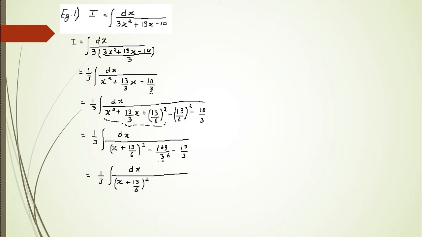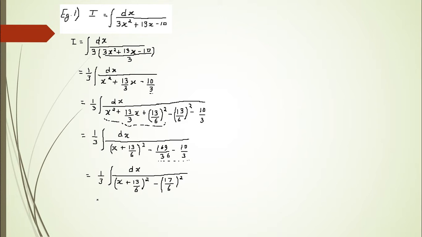Now the remaining portion, when I calculate, I'll get minus 17 by 6 whole square. Right? I have expressed this remaining portion as some k square as I had explained in the earlier process.